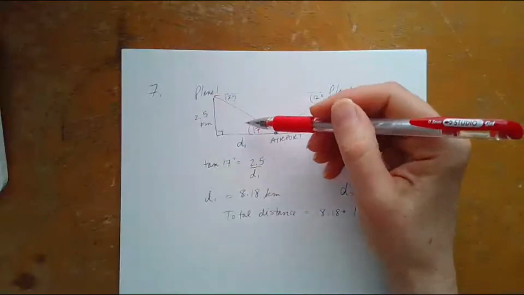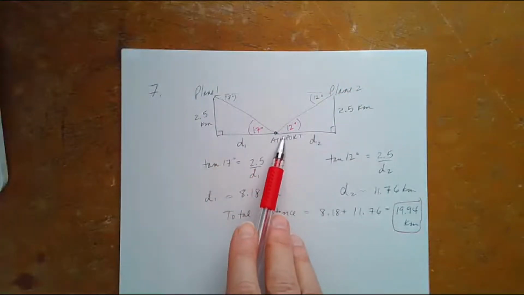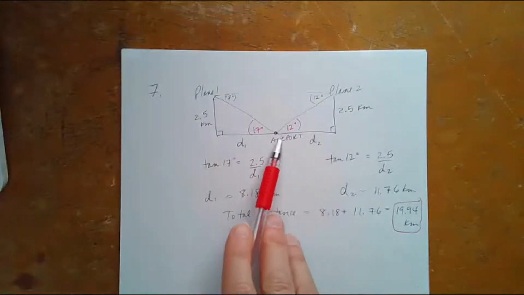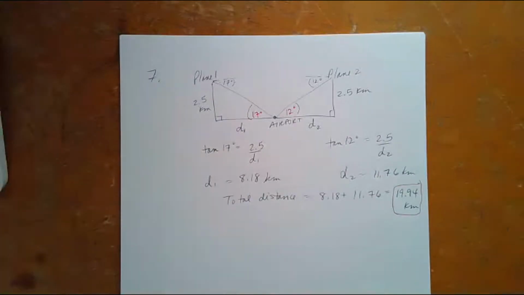The tan of 17 is opposite over adjacent. If I find this distance and this distance added together, that's the total distance that the planes are apart. I hope that helps you out a little bit.